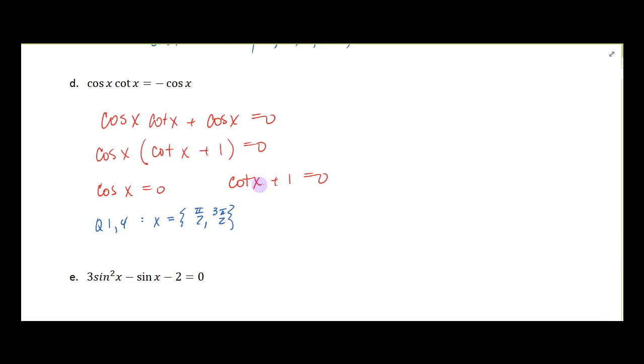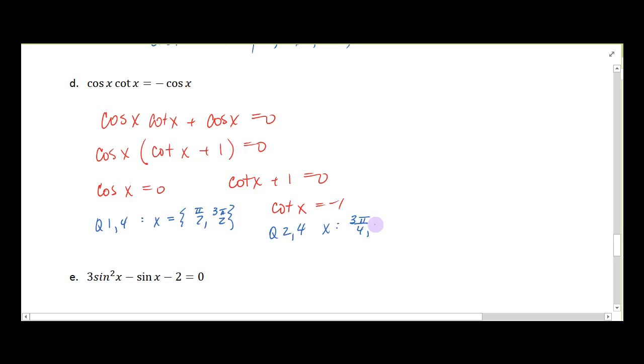Now for this portion of the equation, cotangent x is negative 1. So for cotangent to be negative, I would be looking in quadrants 2 and 4. And the angles, when I take the cotangent of them, that give me a negative 1, are at 3 pi over 4 and 7 pi over 4.